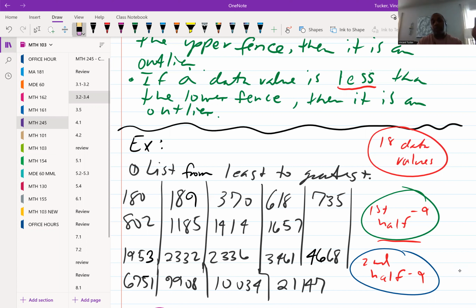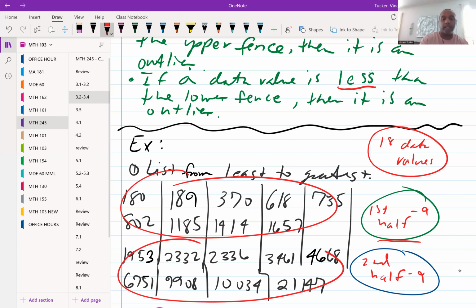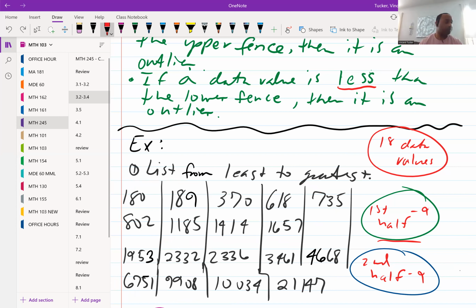We have our smallest value, which is 180, and the largest value is 21,147. Notice how I set up my data set. Normally I try to split it in half if I can. We had 18 data values altogether, so I wrote 9 up here and 9 down here, just to help me with establishing what my medians are going to be and all the good stuff like that.